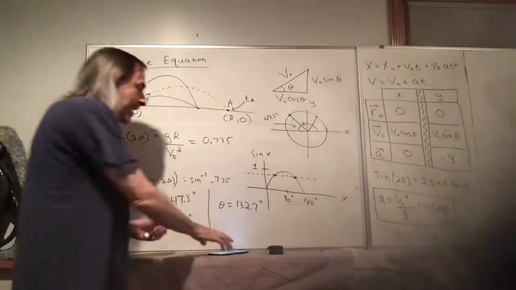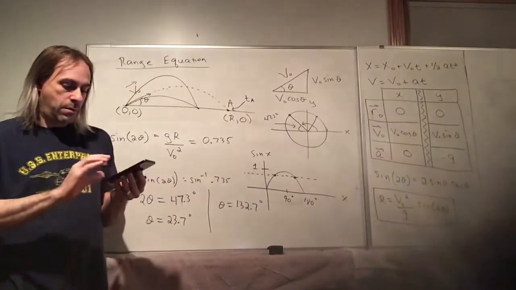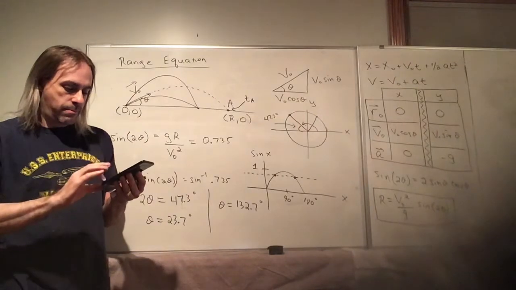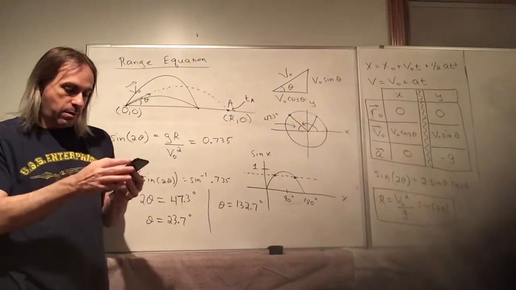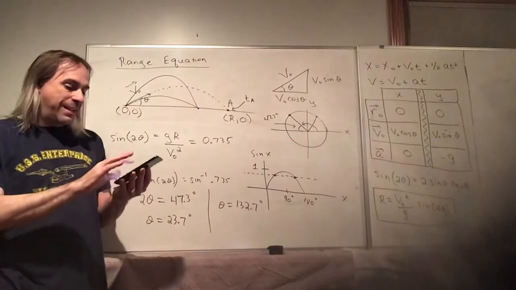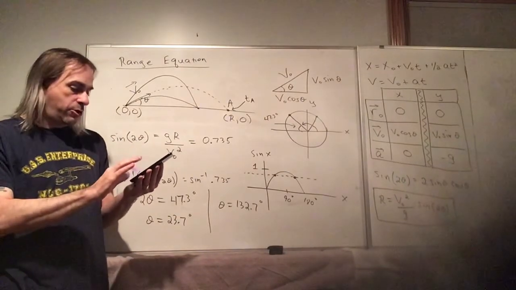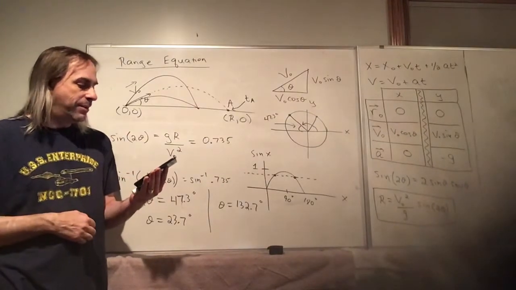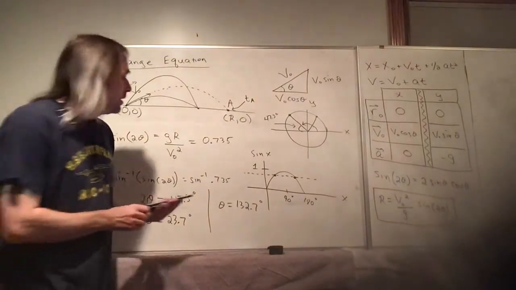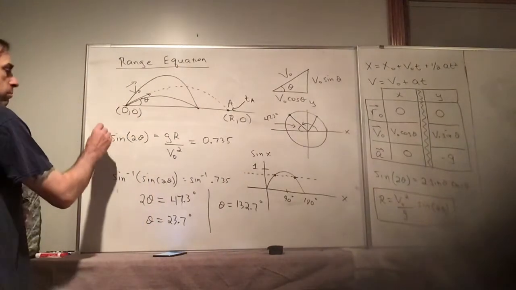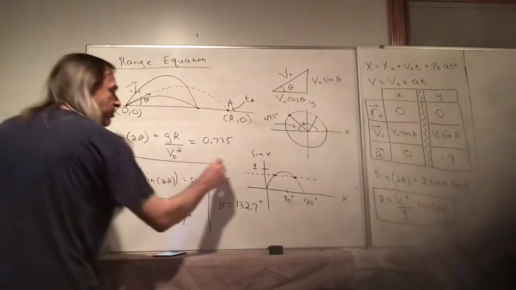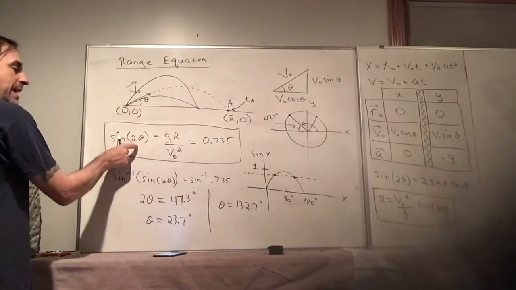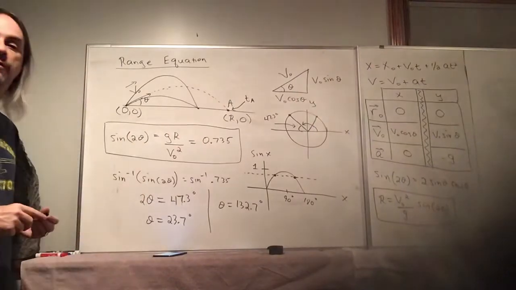And let's take the sine of that. Okay, so let's take the sine of 132.7, and what we get is 0.735. So remember, before we took any trig functions, we're looking for solutions to this equation: sine of 2 theta is 0.735.